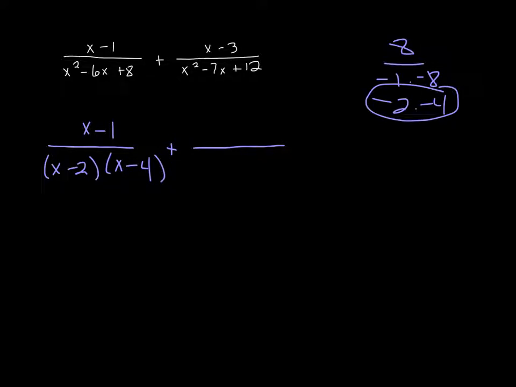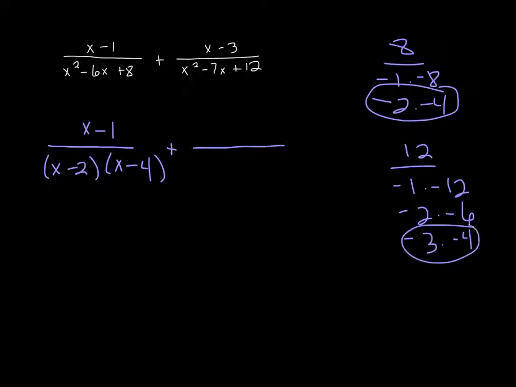And then the second fraction, C is 12. Again, B is negative, so everything's negative. So negative 1 times negative 12, negative 2 times negative 6, negative 3 times negative 4. So x minus 3, x minus 4.